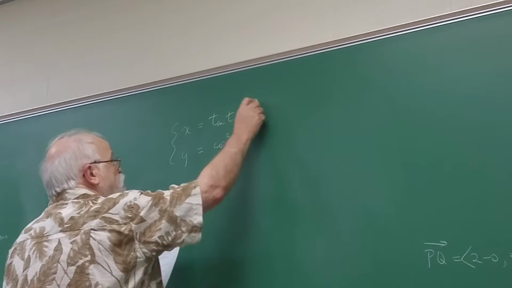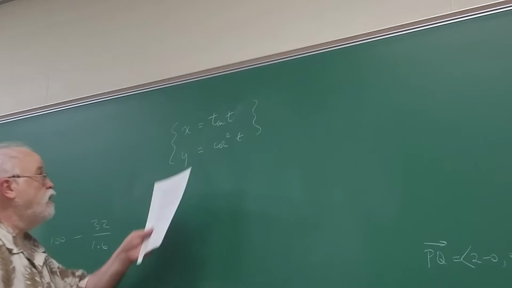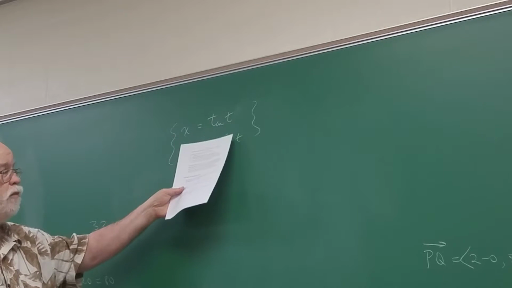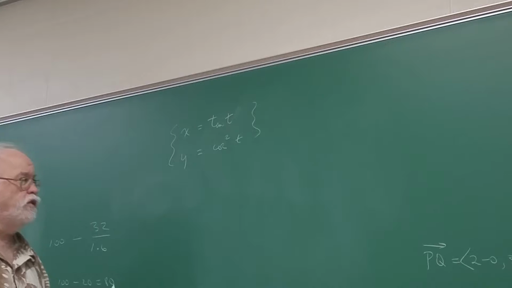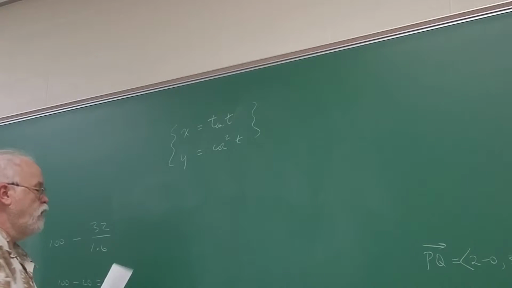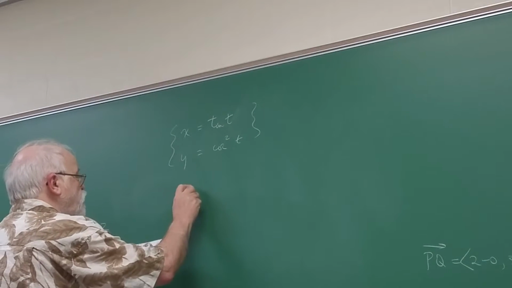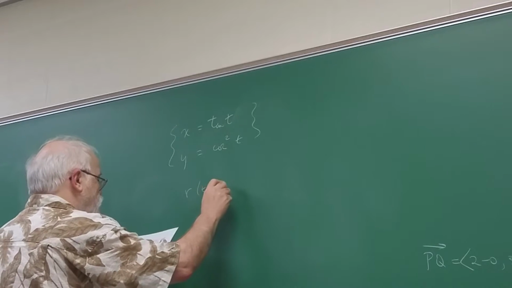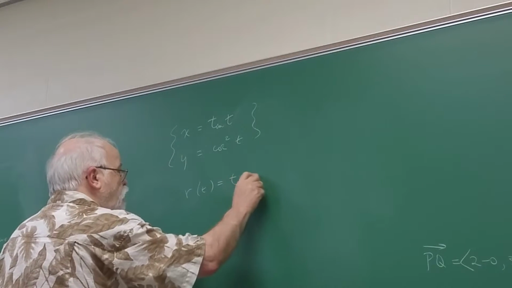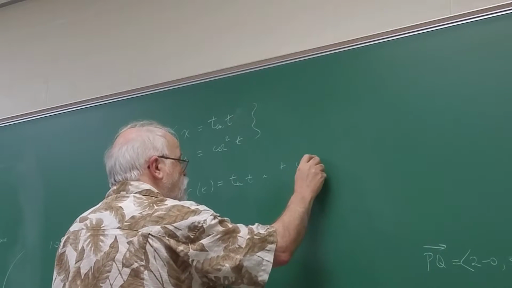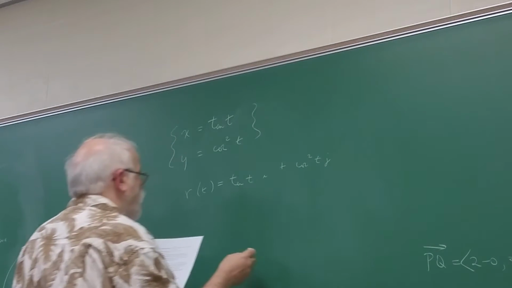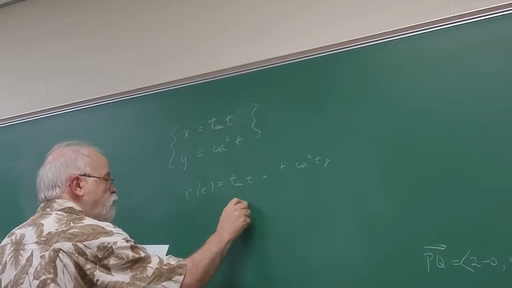Some semesters, when I give this kind of a problem, I'll list the calculus 2 type parameterization, and I'll say, write it as a vector valued function, but here I just gave it to you as a vector valued function. So r of t equals tangent of t i plus cosine squared of t j, because what we're looking at is x i plus y j.